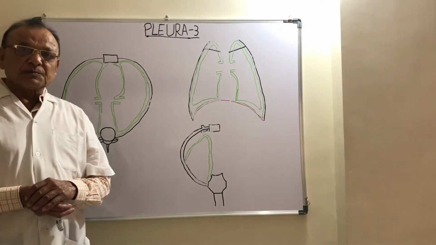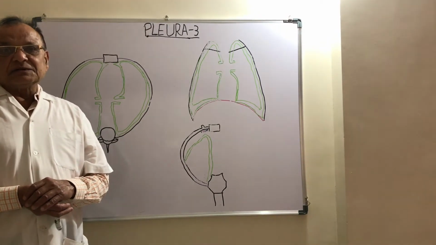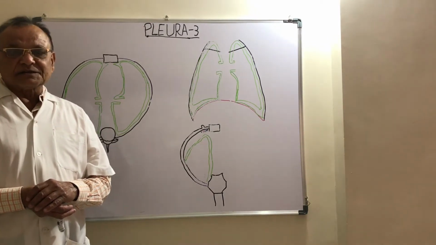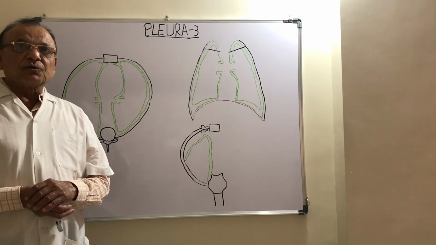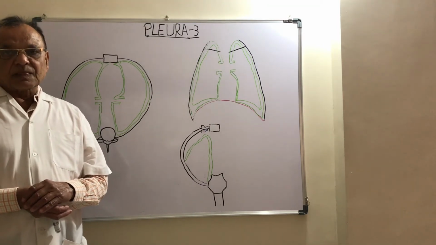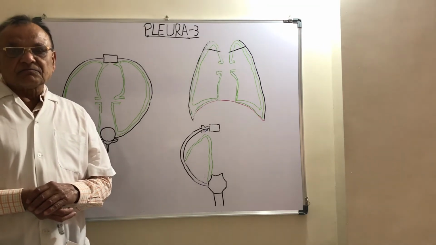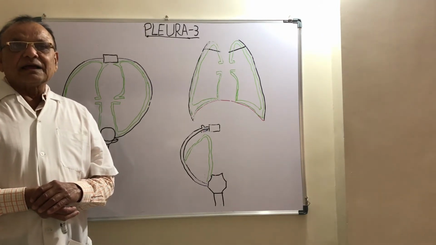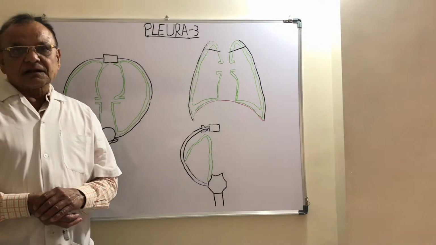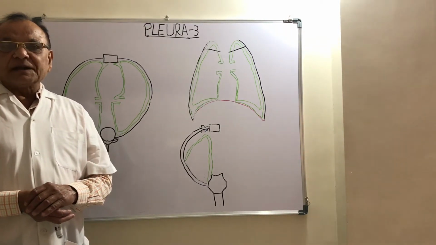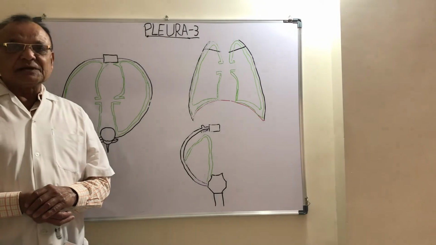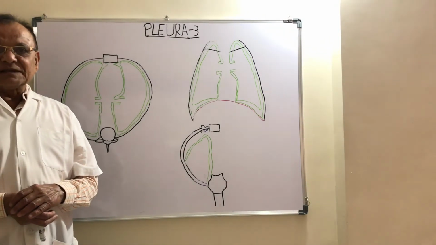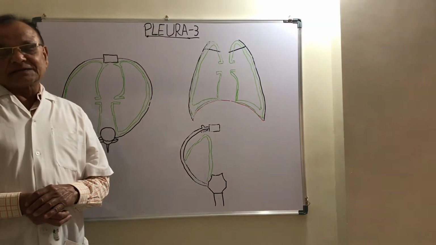The pleural recess is a dead space or extra space for deep respiration. On each side, two pleural recesses are present.